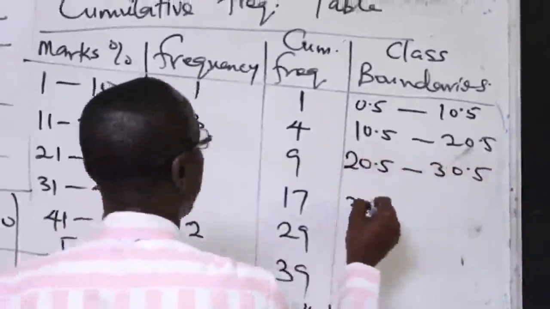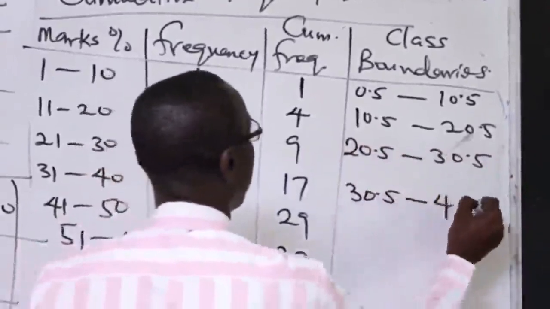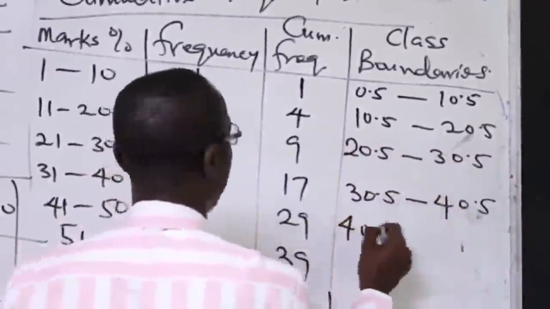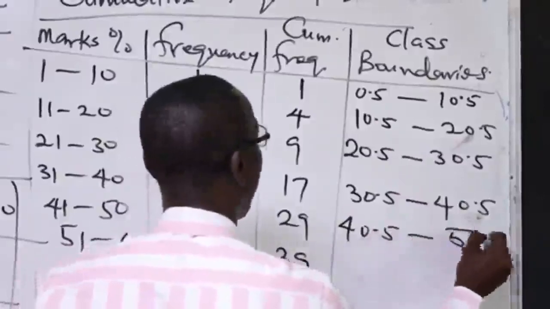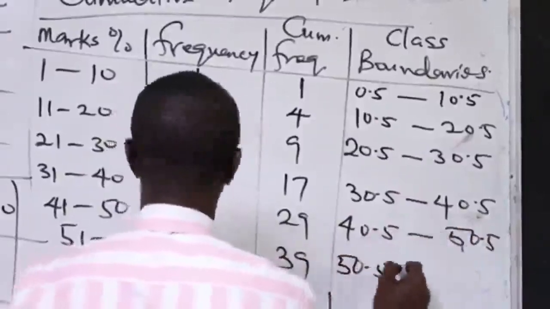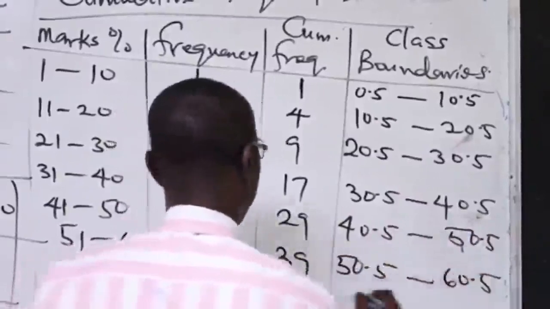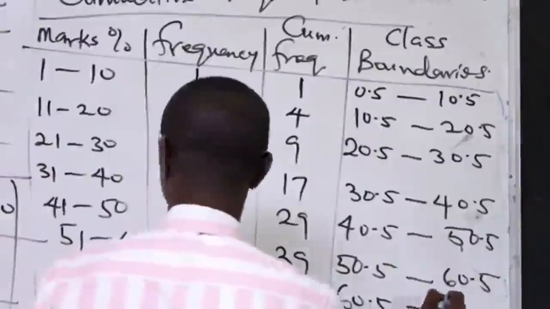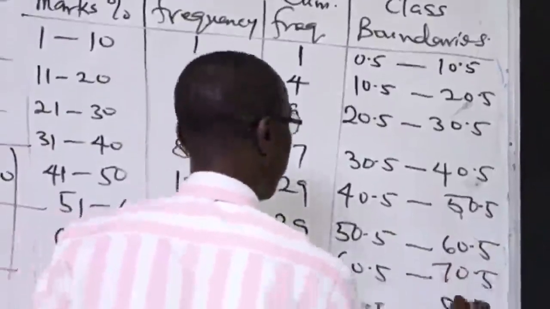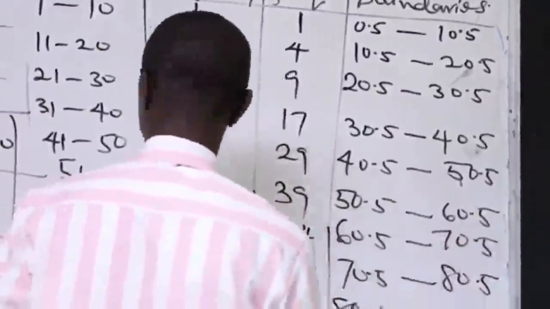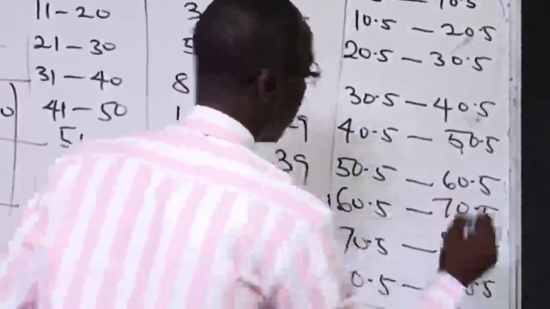This is 30.5 to 40.5. 40.5 to 50.5. 50.5 to 60.5. 70.5 to 80.5. 80.5 to 90.5.